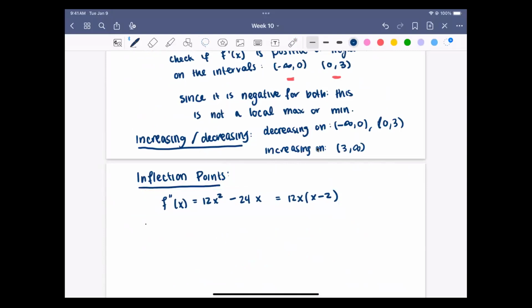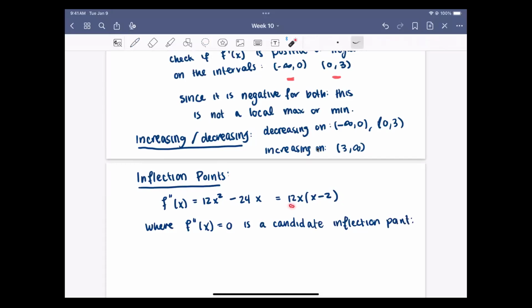So where f double prime of x equals 0 is a candidate inflection point. Okay, so looking at this, that's going to be when x is either 0 or 2.